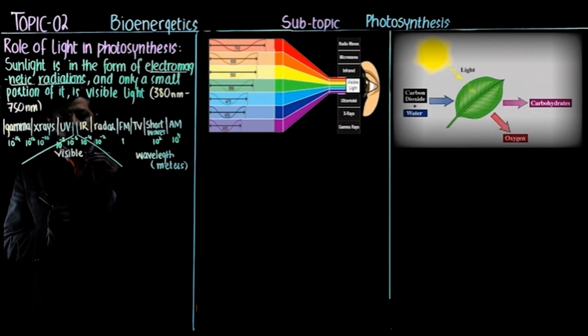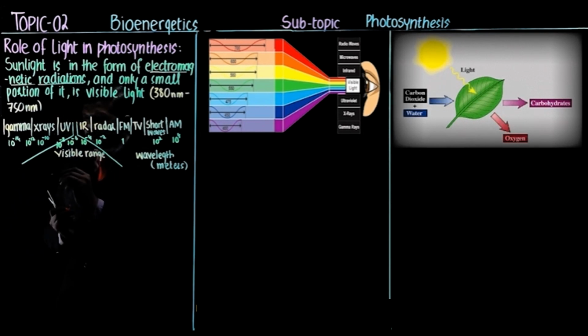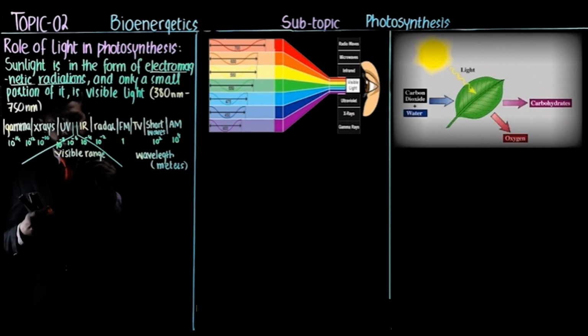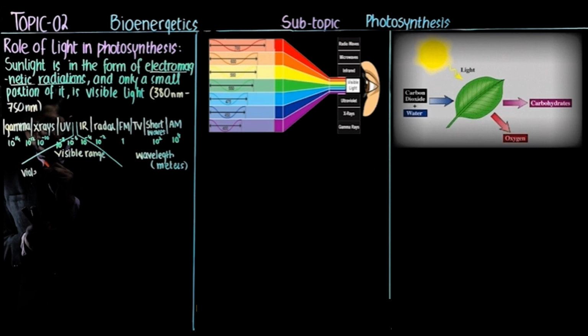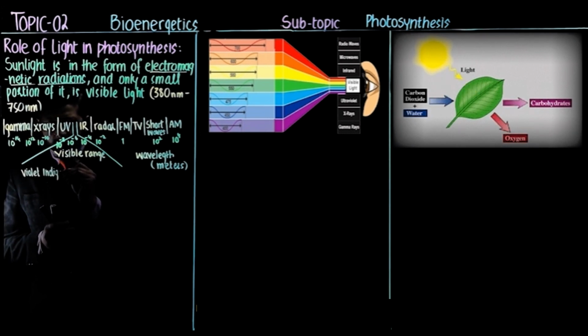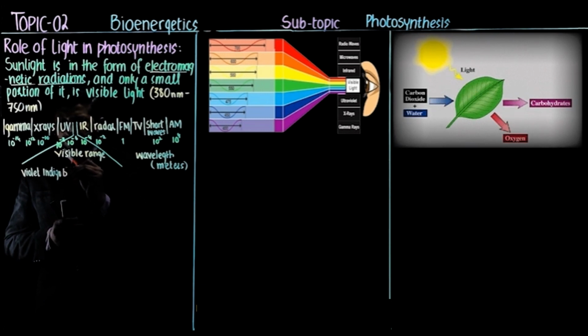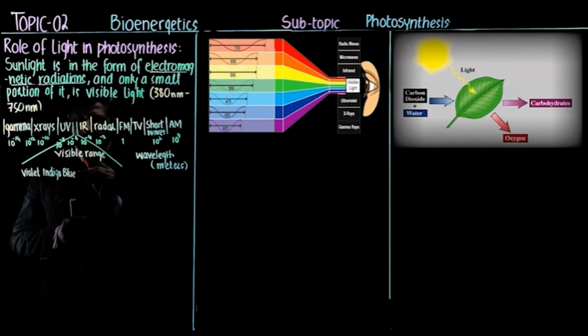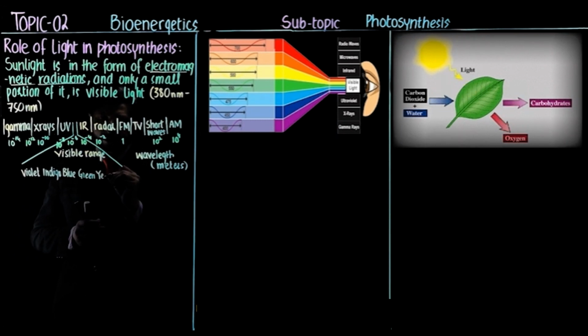Clear? This is the visible range. So the portion starts with violet, indigo, blue, green, yellow, orange, and red.